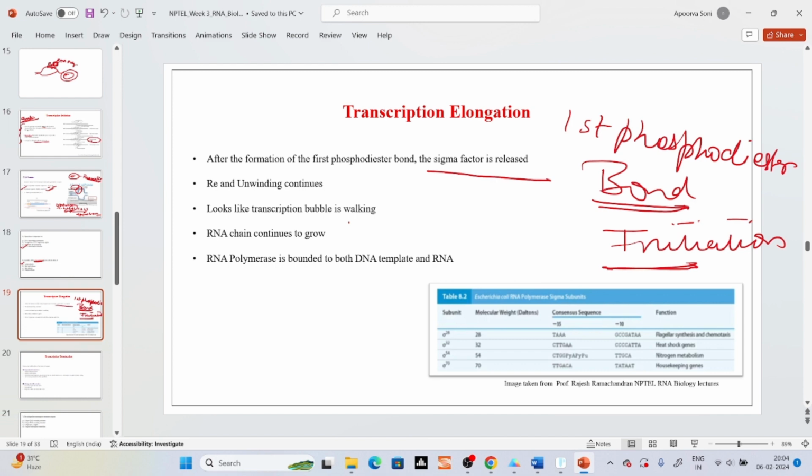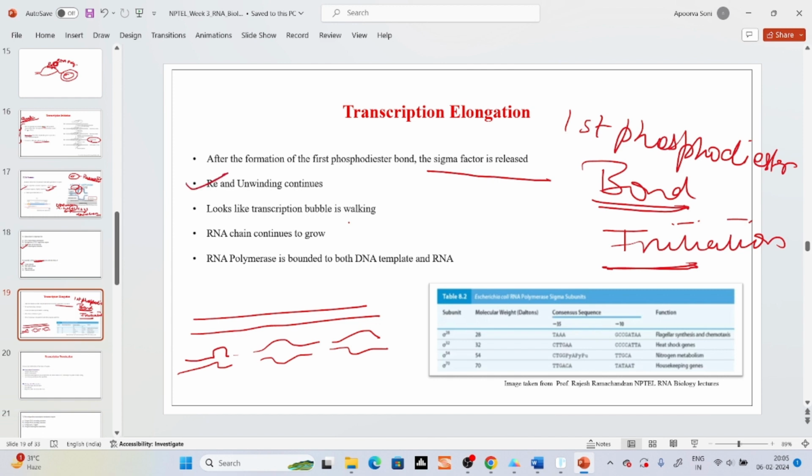Suppose this is your DNA, first here is the transcription bubble, then after some time the transcription bubble will come here, then here. So it's like the transcription bubble is walking. So rewinding and unwinding continues.